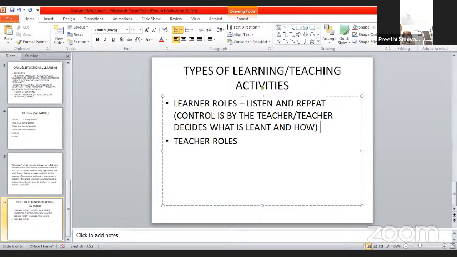Well, what if a student makes mistakes? If a student makes mistakes in grammar or pronunciation, these are addressed later.